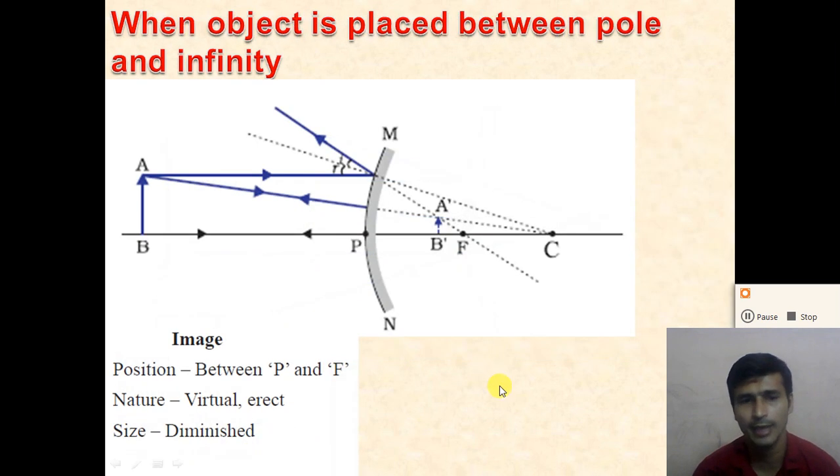And at any distance between the pole and infinity, the image will be produced between the pole and the principal focus. The nature of the image is virtual and erect, and the size of the image is very small compared to the object, that means diminished.